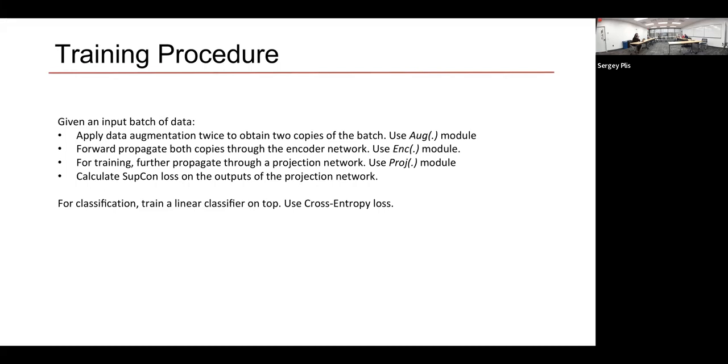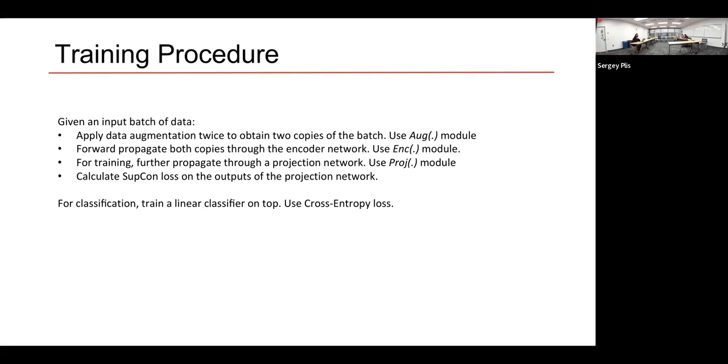Then they have an encoder module that encodes the data and converts it to create a long embedding of some dimension. On top of that embedding, they used a projection module to train their model, but that projection module will not be used for the actual classification tasks.